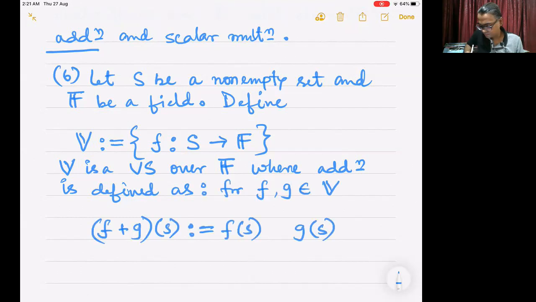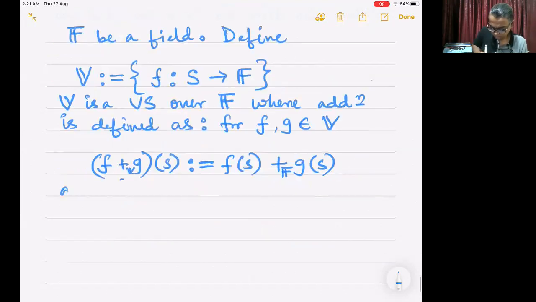The field has addition, so we add these two numbers. That is how you define f plus g, the addition in the vector space. To distinguish between these two sums, let me put a subscript V here and a subscript F here. So this is addition over the field, and this is addition over the vector space.